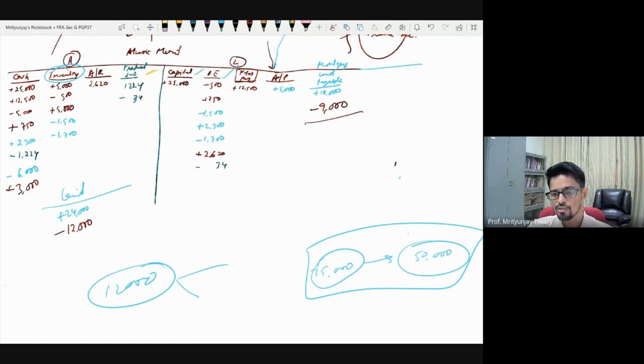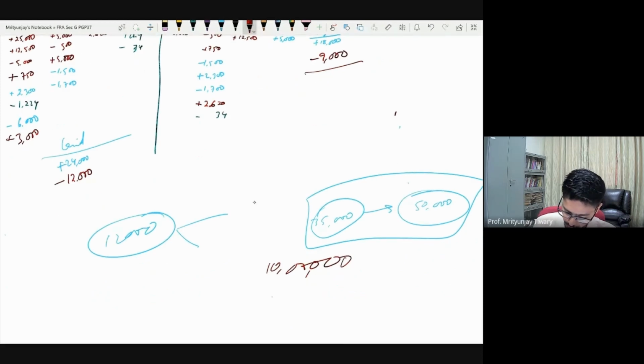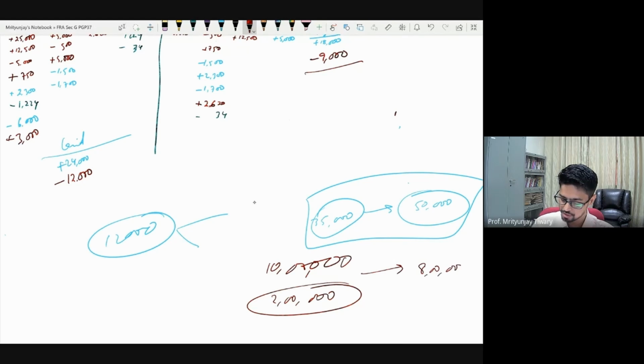Let us say you have purchased a car. The car is for, let us say, 10 lakh rupees, and you have paid only 2 lakhs so far, and you want to sell this car. It is perfectly all right. Now the buyer will have to assume the responsibility of making this payment of 8 lakh rupees of loan. And of course, you need to do certain paperwork, but this is how it happens, and it is allowed.